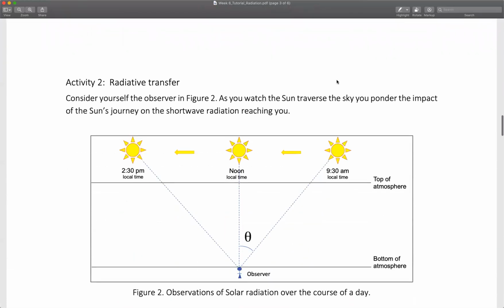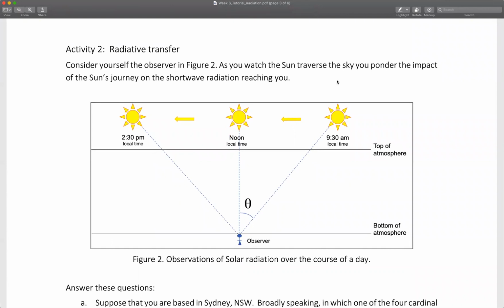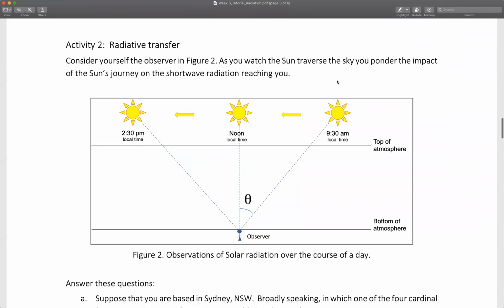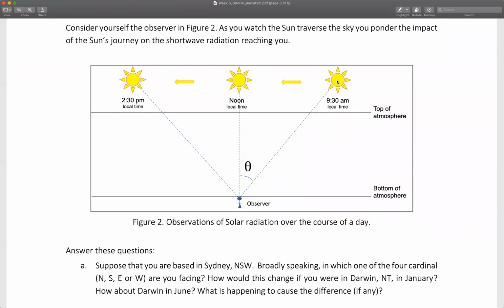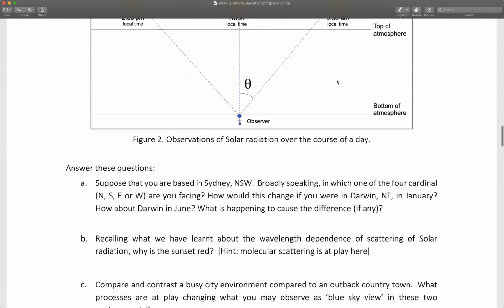The second activity on radiative transfer, you are placing yourself in the position of an observer and you're watching the sun progress across the sky during the day. And you think about your orientation to the sun and think about its journey, the radiation's journey from the top of the atmosphere to the bottom under various conditions, clear skies, hazy skies.